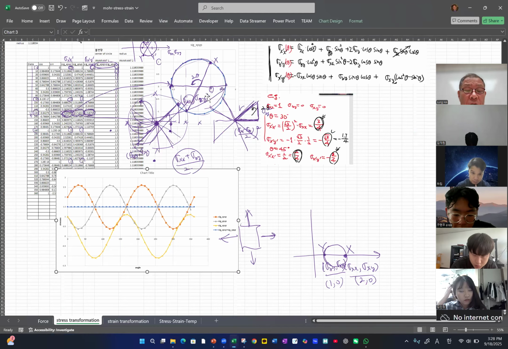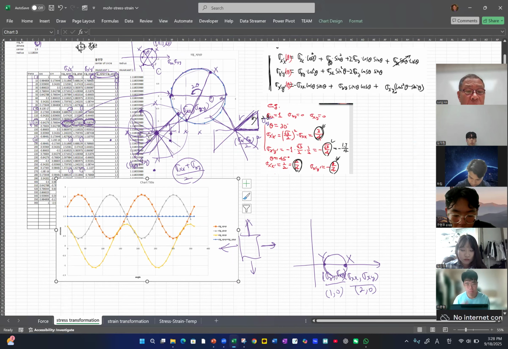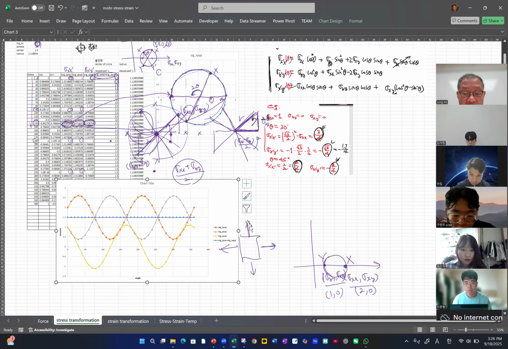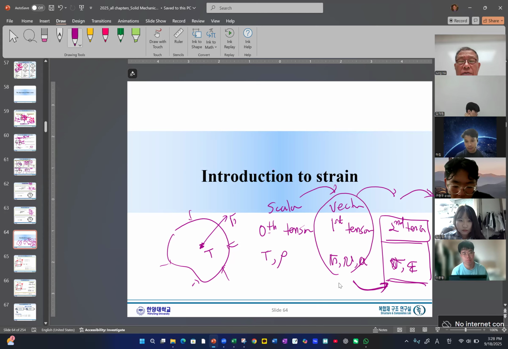But Mohr circle is nothing but this variation. We just plot them by the components. You can observe many things. And again, the same concept as the vector transformations. Okay, so just the concept of the transformation.